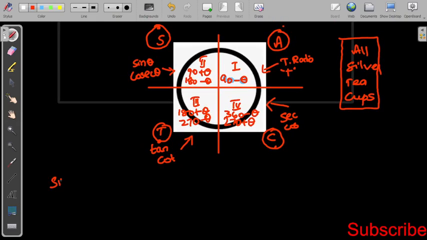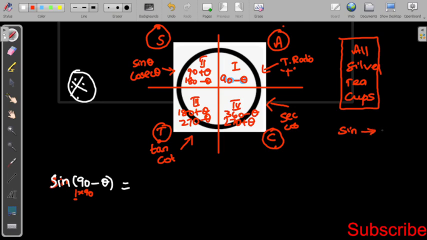Now I am going to find sine 90 minus theta. You just have to remember this in pictorial form. From this itself you can write sine 90 minus theta. Remember this 90: 90 means 1 into 90 degree. If this is an odd number, you have to remember this trick also. If it is odd, then you have to do the transformation: sine is replaced by cos theta, and cos you have to replace by sine theta.